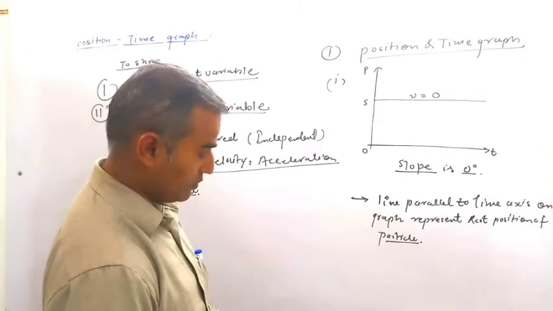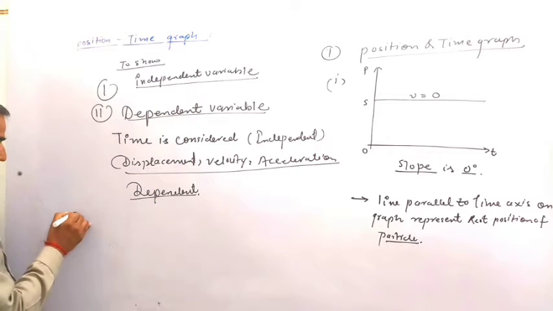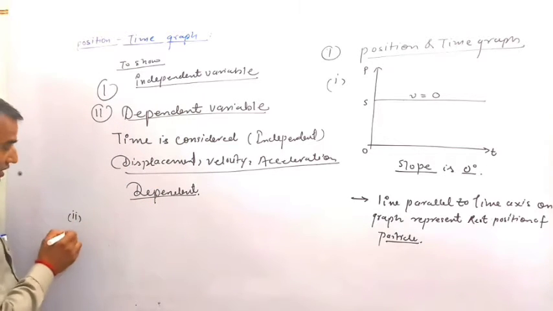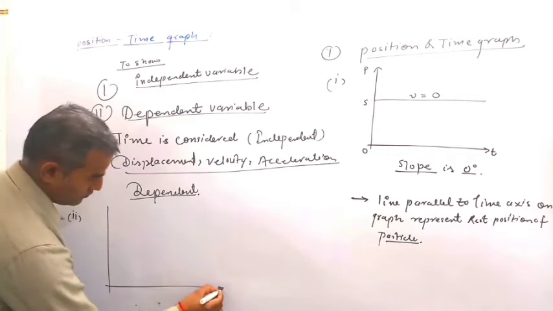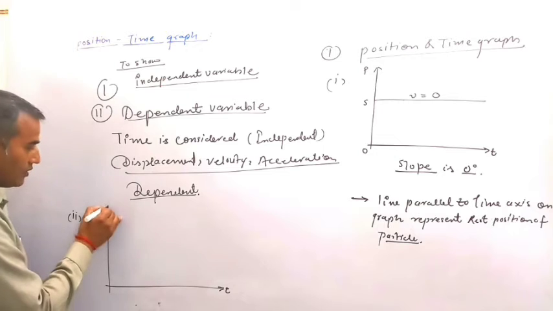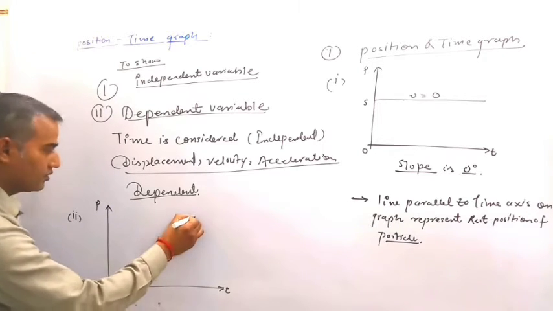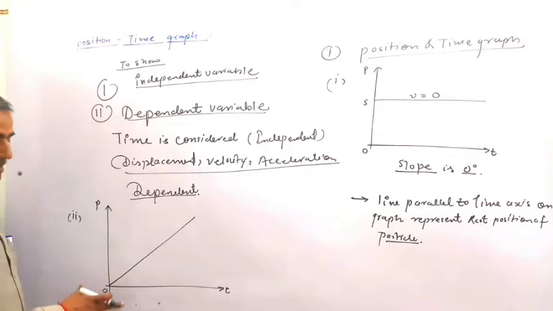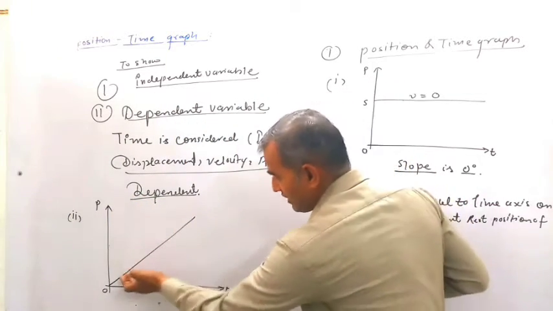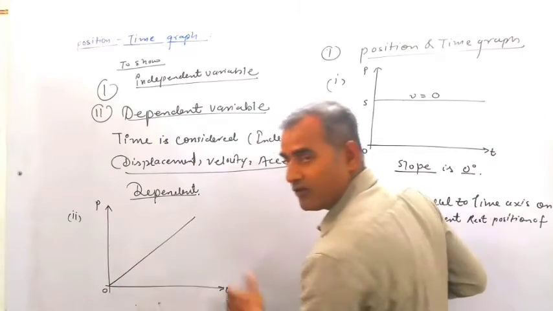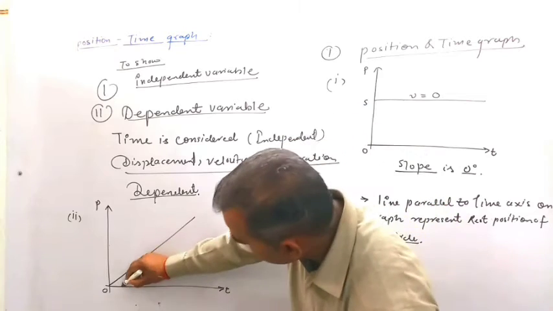And graph number 2, what will be the second graph? Here will be the second graph, time position. This represents a straight line that starts from the origin O and makes an angle theta.